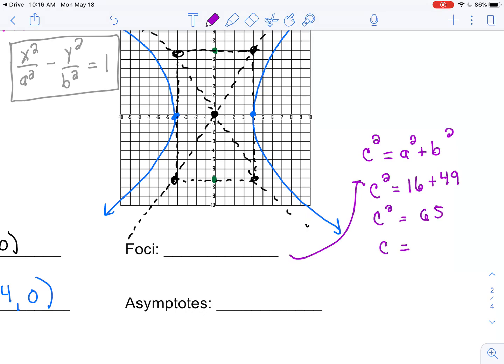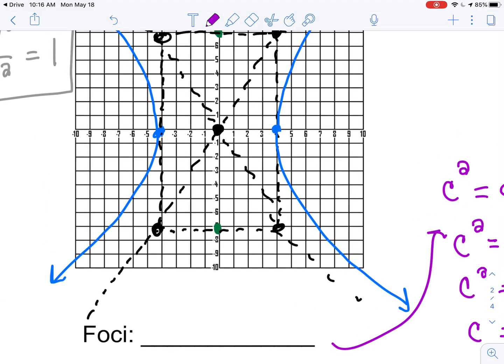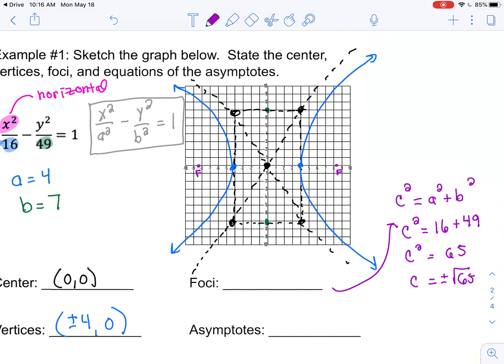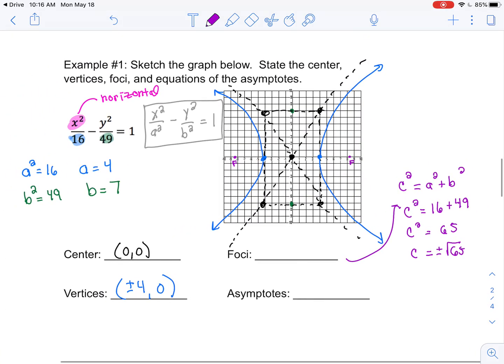So c, which is the distance from the center to my foci, is plus or minus radical 65, about 8.06. So I can go ahead and plot my foci. So my foci are plus or minus radical 65, 0.